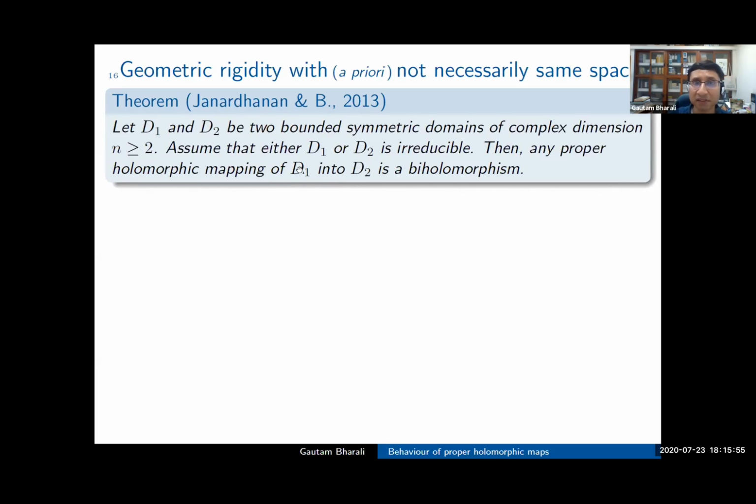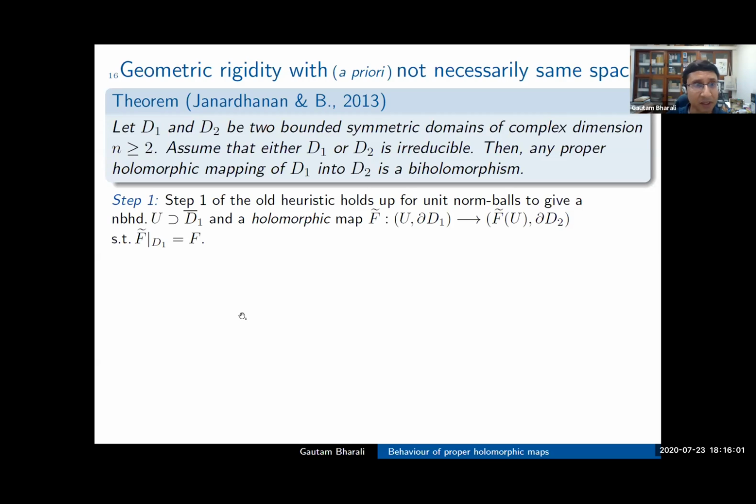Okay, so this is a result, as I said, joint with my former student, Jay Krishnan. So step one is actually step one of my old heuristic, except that now please note that I'm considering bounded symmetric domains. These no longer have C infinity smooth boundaries, so I can't use some jazzed up version of Pfefferman's result.